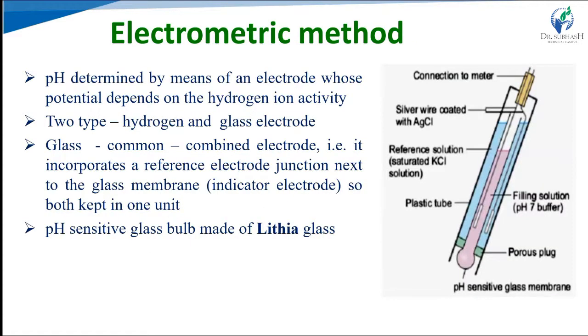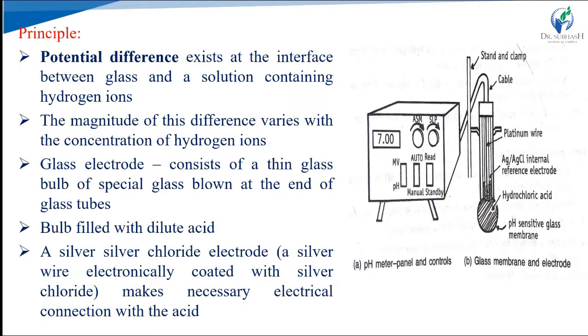So pH is determined by means of an electrode whose potential depends on the hydrogen ion activity. For the glass electrode we use, the principle is a potential difference that exhibits at the interface between the glass and the solution containing hydrogen ion.